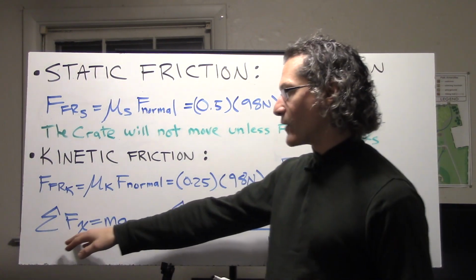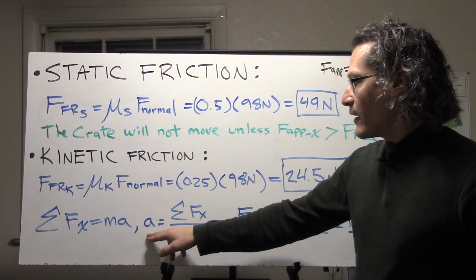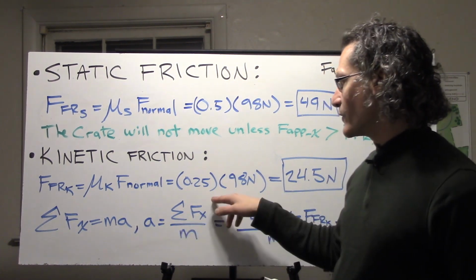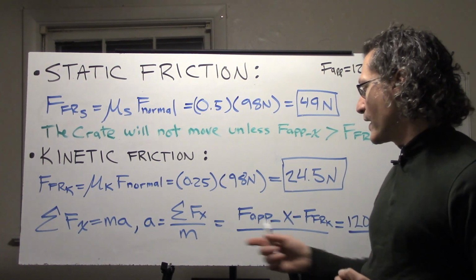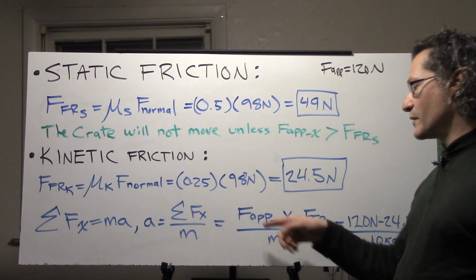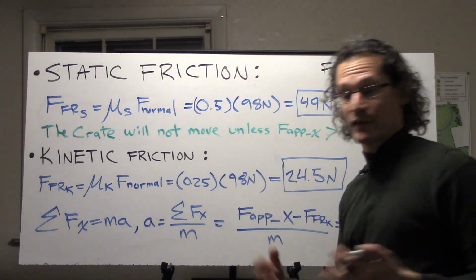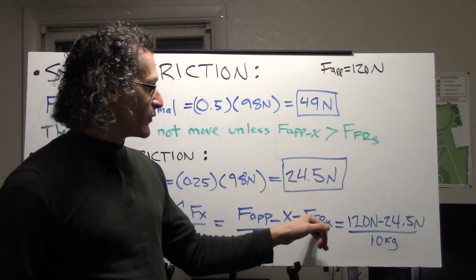Sum of the forces in the x direction equals mass times acceleration, Newton's second law. Acceleration, if we solve for it, it's the sum of the forces in that x direction divided by m. Well, what were the forces in the x direction? Force applied, underscore x. It's not a minus, it's underscore, just to, again, be very, very explicit and clear. So we have force applied in the x direction, minus the force of friction kinetic.